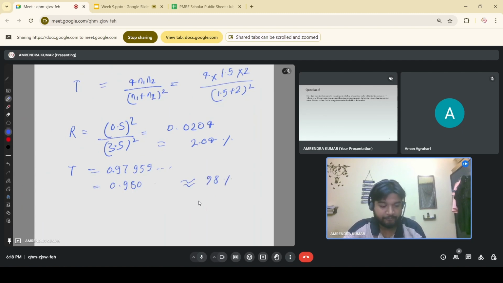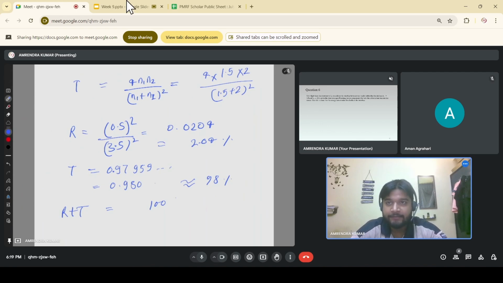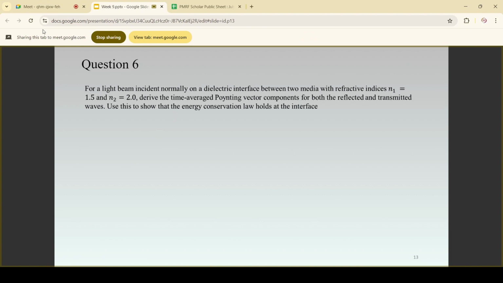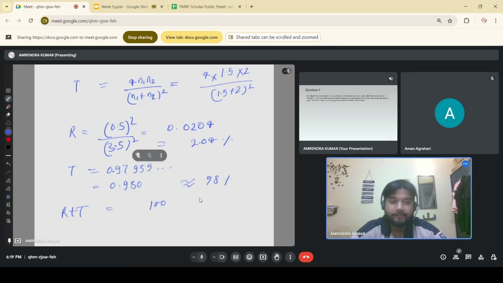If you sum up R plus T, it will be 100%. So the reflectance and transmittance sum to 100%. I told you that the energy law holds at the interface, because R plus T being 100%, or 1, denotes that the energy is conserved.